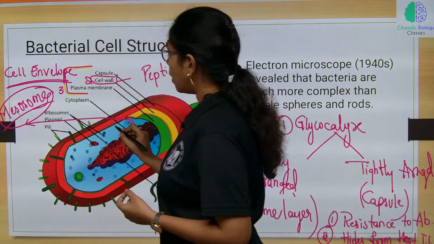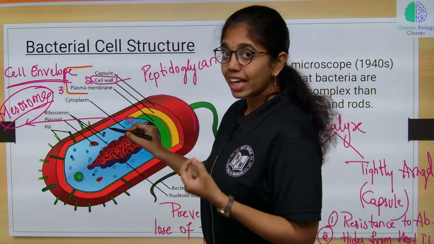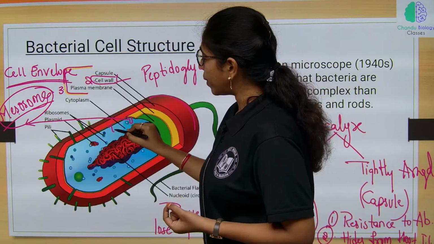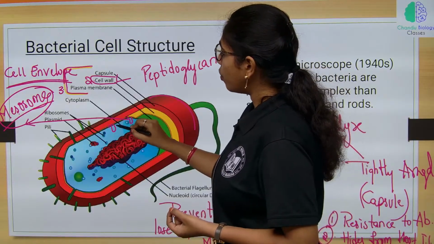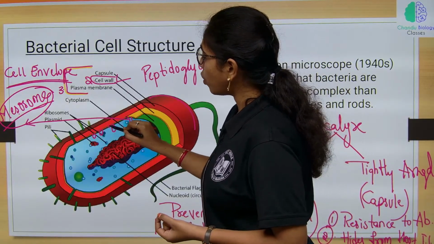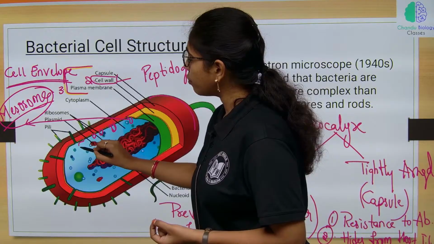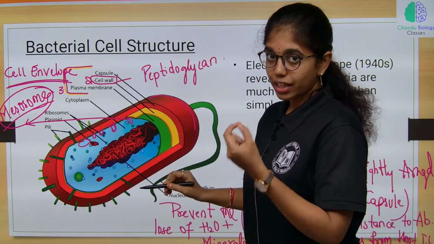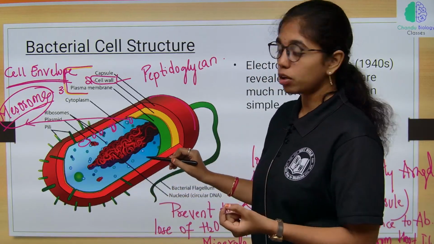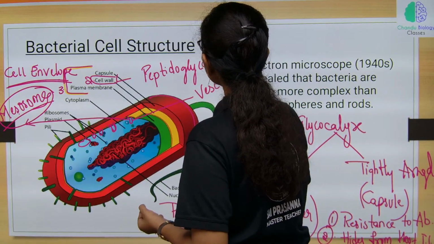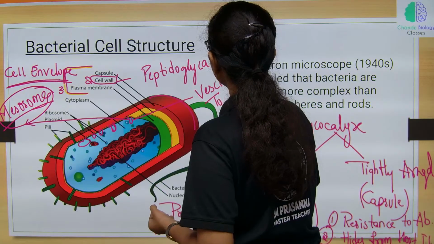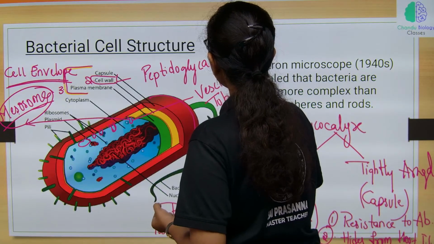These invaginations or inclusions of the cell membrane towards the cytoplasm can be in the form of vesicles, tubules or lamellae.